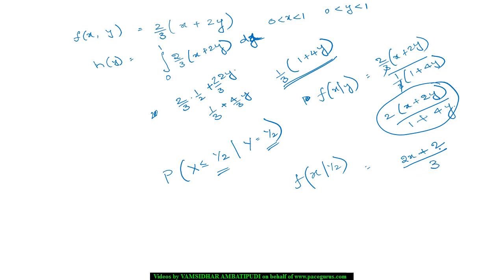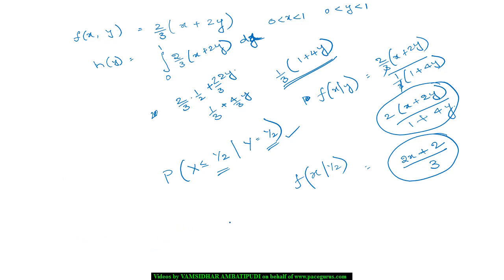So 2x plus 2 by 3 is the function of x given y equal to 1 by 2. Now I have to see the probability that x is less than or equal to 1 by 2.